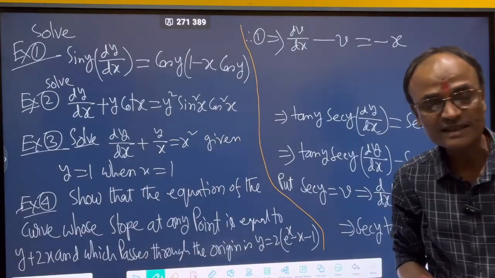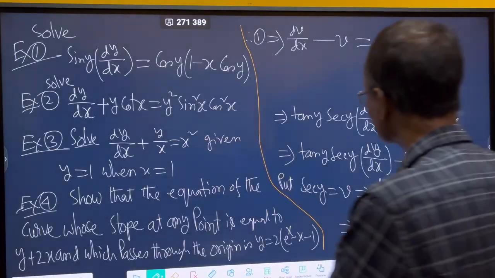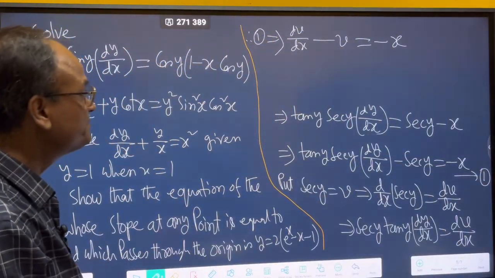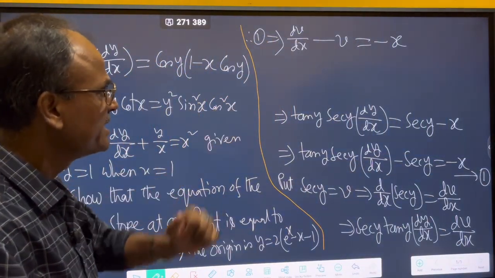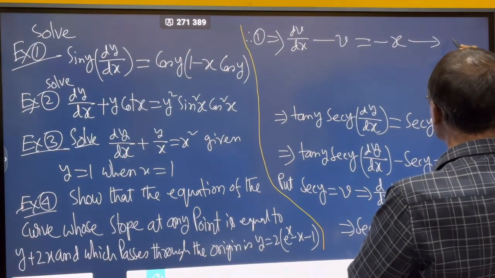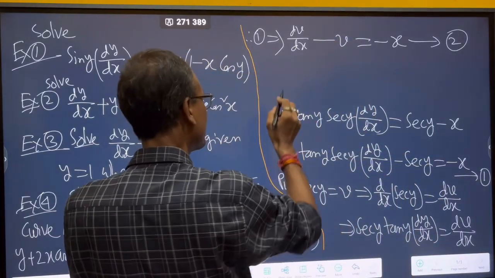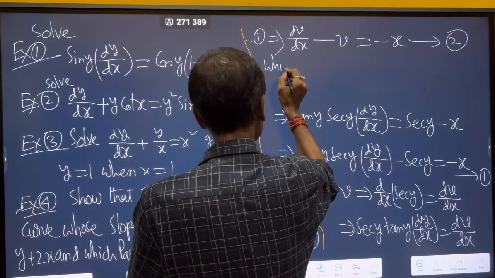This is a linear differential equation. Now equation 2 is linear in v, with v as the dependent variable and x as the independent variable.